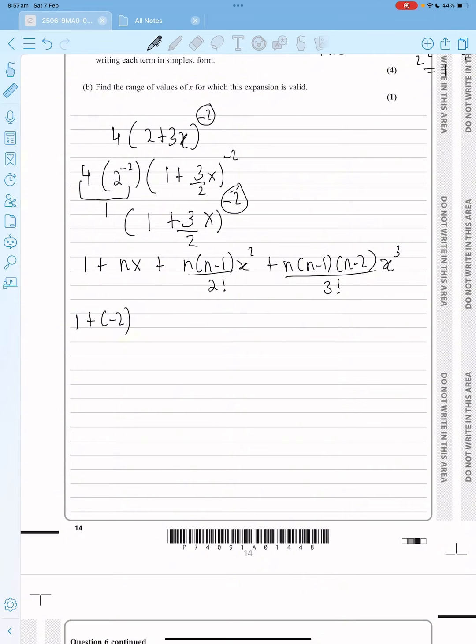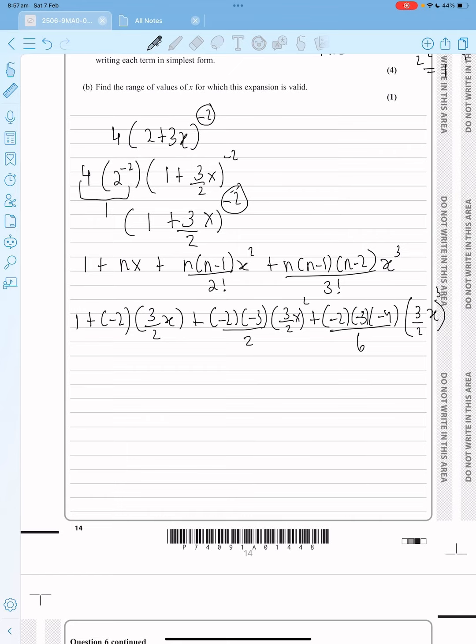And what's my x? It's 3 over 2 x. So it's 3 over 2 x plus minus 2 times minus 3 over 2 times (3 over 2 x) squared plus minus 2 times minus 3 times minus 4 over 6 times (3 over 2 x) cubed.